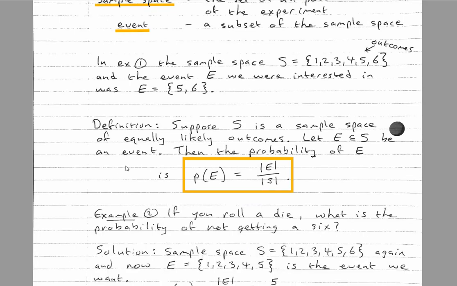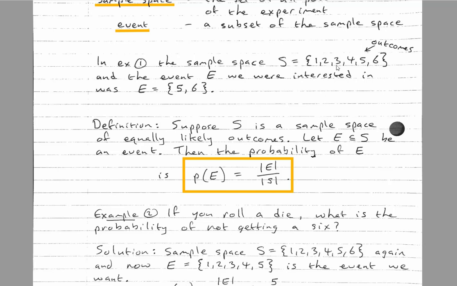And here's the key definition. Here's the formula for probability. Suppose a sample space S of equally likely outcomes. That's important. We need the outcomes in the sample space to be equally likely to happen.